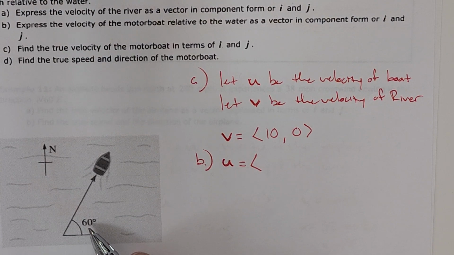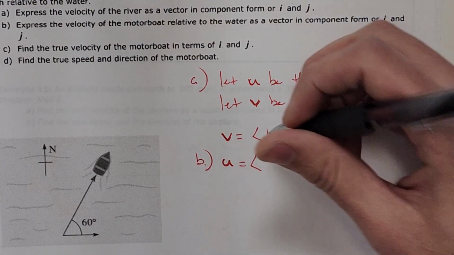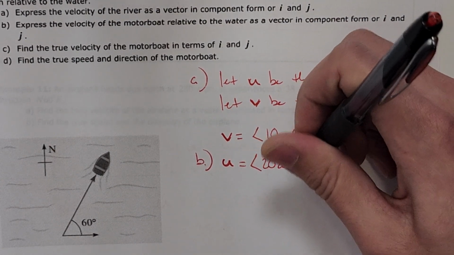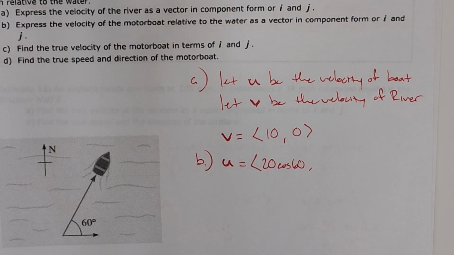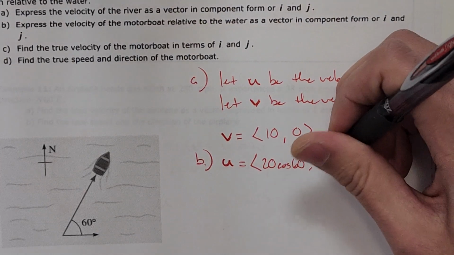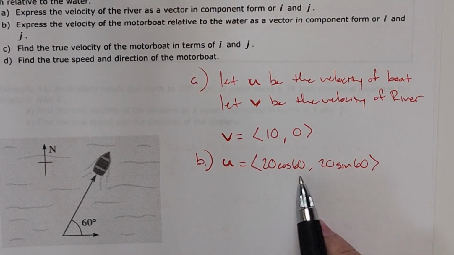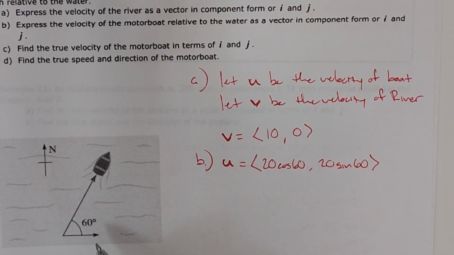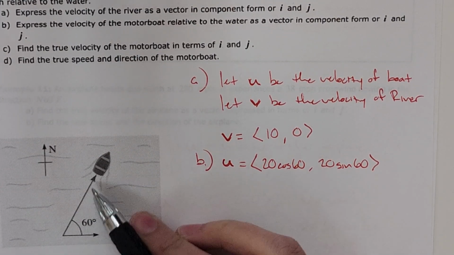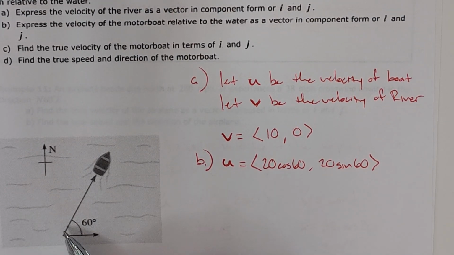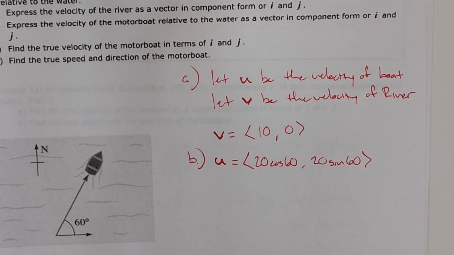Because it has a speed of 20 miles per hour, we're going to take the components, 20 cosine of 60 for the horizontal component, and then for the vertical component, it's going to be 20 sine of 60. Again, using right triangle trig, where the cosine is adjacent over the hypotenuse, or delta x over the magnitude. And then likewise for sine, we have the opposite over hypotenuse, which is the delta y over the magnitude. Okay, let's go ahead and evaluate these.